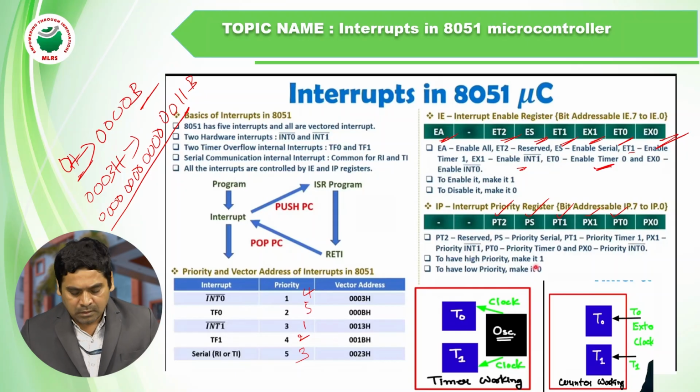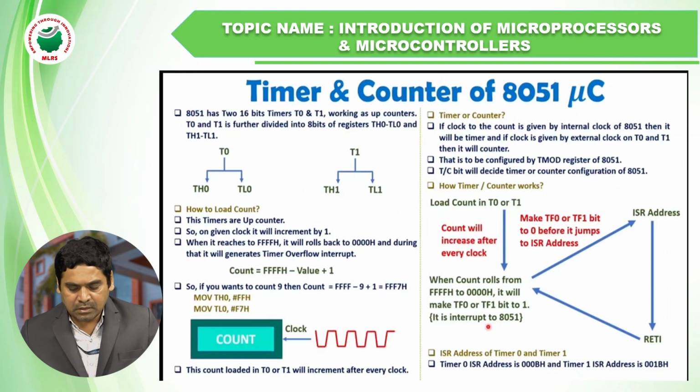These are priority-wise according to the user or the main program. According to the vector address, it goes to the subroutine and comes back into the main program. This is the execution process.